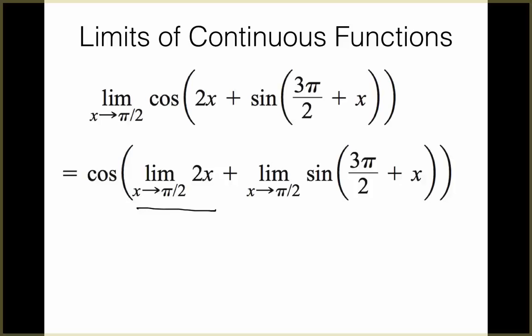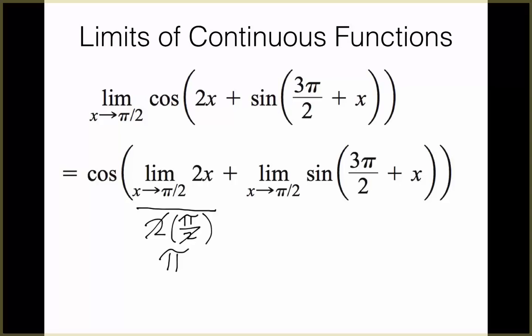Now consider this first limit here. The limit of 2x being a polynomial, I can evaluate this using direct substitution. So I would just get 2 times pi over 2, which reduces to pi, plus the limit of sine of some composition.